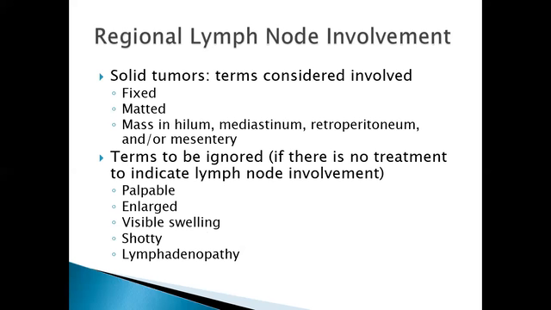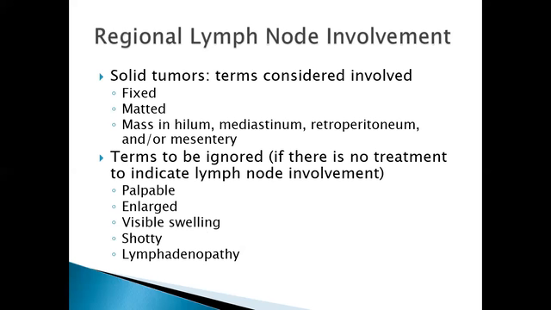So if the physician does a breast exam on a woman and describes the breast mass and then says the axillary lymph nodes are fixed, then you know just by that clinical statement that the lymph nodes have cancer in them. They are positive, okay?